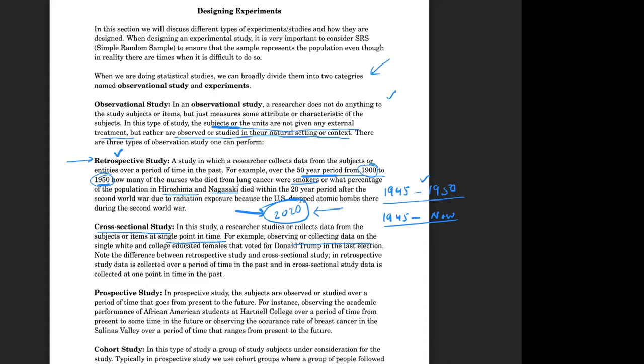This is an example of collecting data from a single point in time. My unit of time is 2020 here. So you collect data at a single point in time.